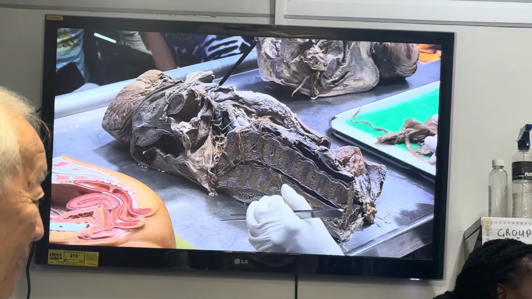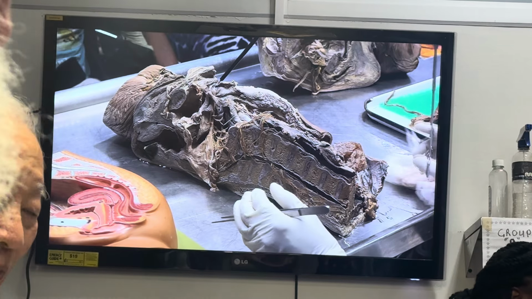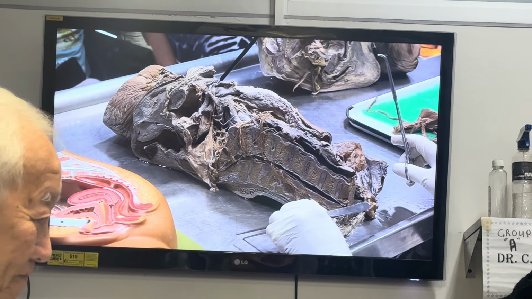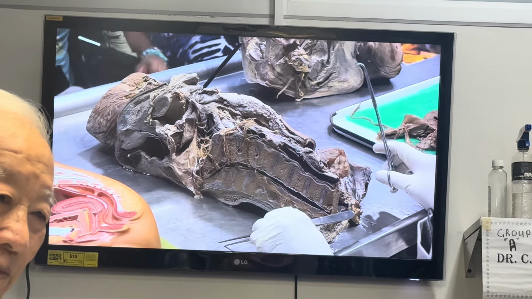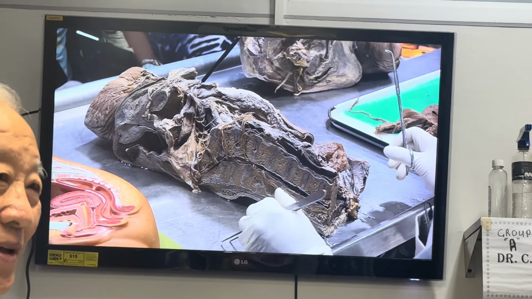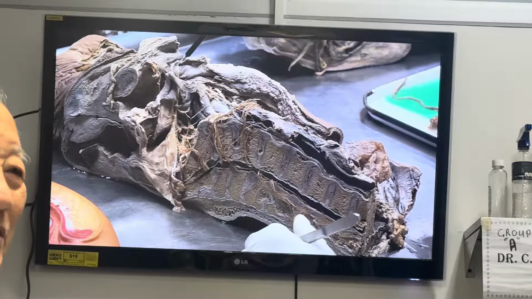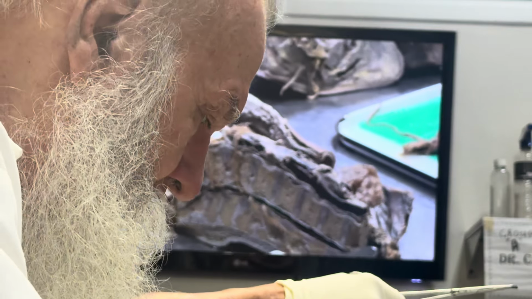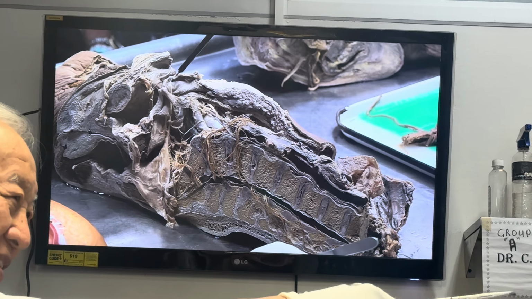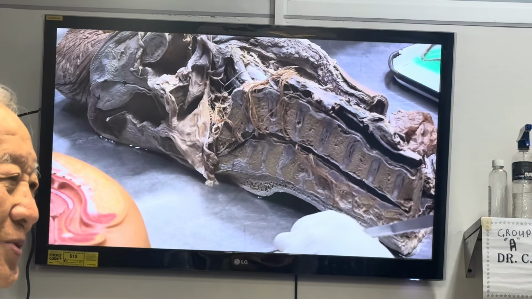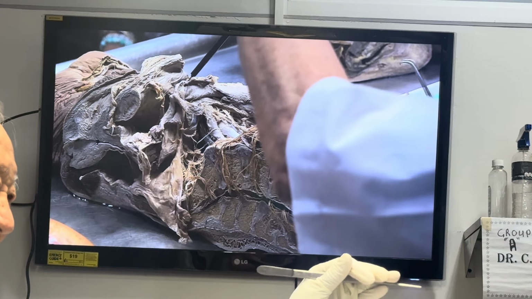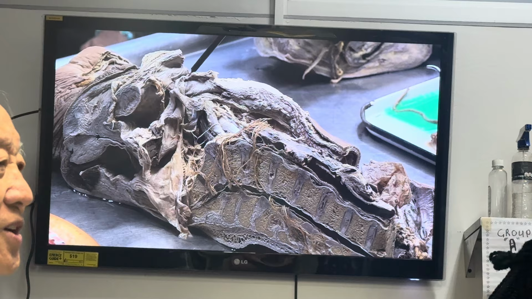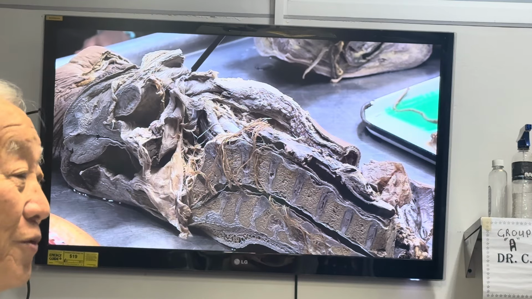Okay, today's topic is on the female reproductive system, right? We're going to begin with the ovaries, the female gonads. I'll just briefly cover the embryology. Embryology of the ovaries, brief.